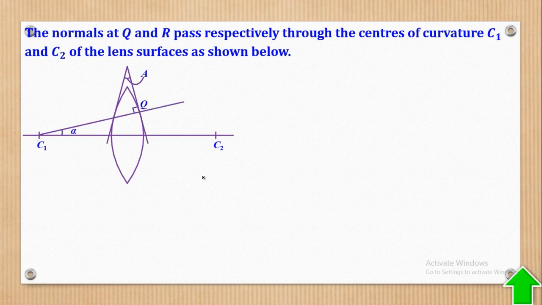That is point Q, then here there is point R. I think we realize that this time there are no arrows, because if there is an arrow it implies it's a ray of light, but this time it is just normals. These are only normals, so be keen not to put any arrow on this line and also on this line.